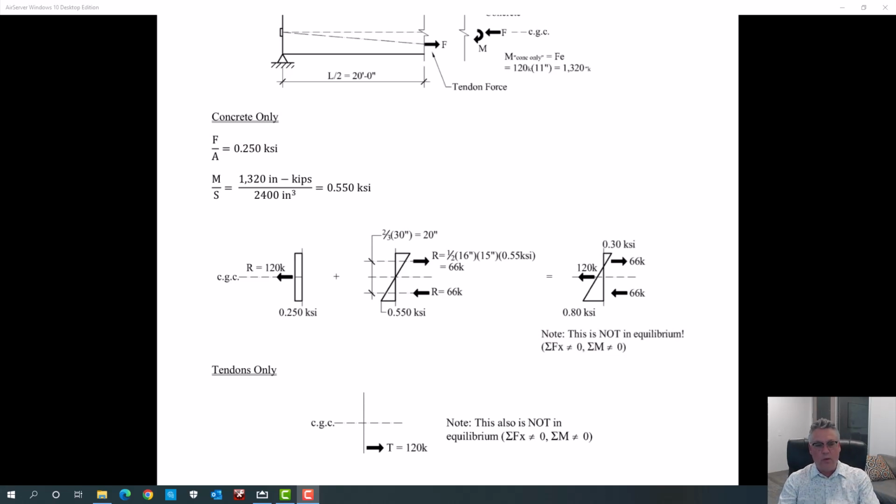But remember, we were working with some of the stresses that were created by prestressing that didn't create any statics. And then we were dealing with a force that was entirely due to statics, creating stresses also. We combined those.